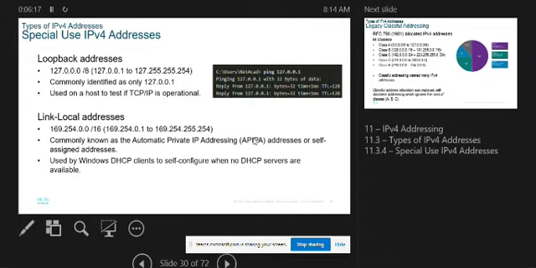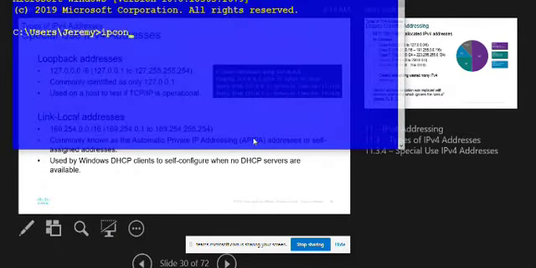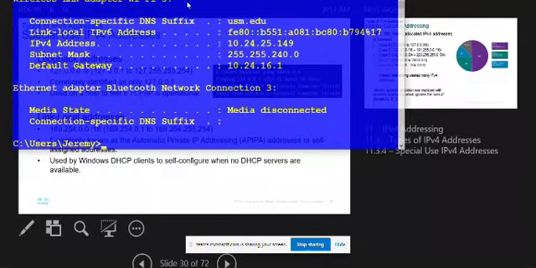All right. Anytime I see a 169, I know right out the gate that somebody's got dynamic address configuration turned on their computer, and it's not getting a valid address on the network, because we don't assign those to devices. So like I know everything in here should probably be getting a 10 address of some nature. So if you guys were to pull up and do an ipconfig, it's going to show you what your address is.